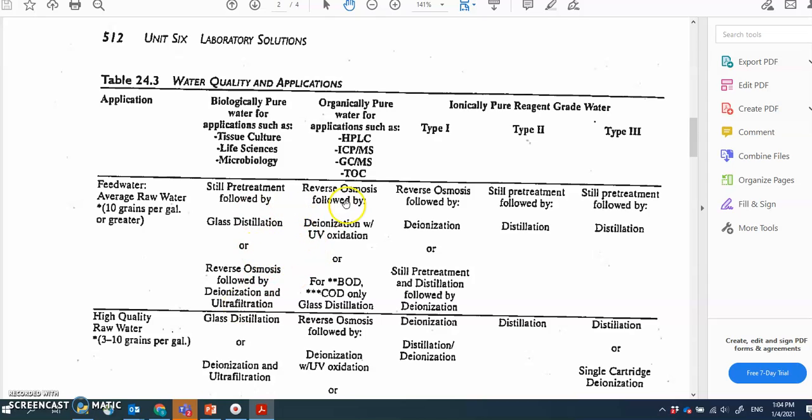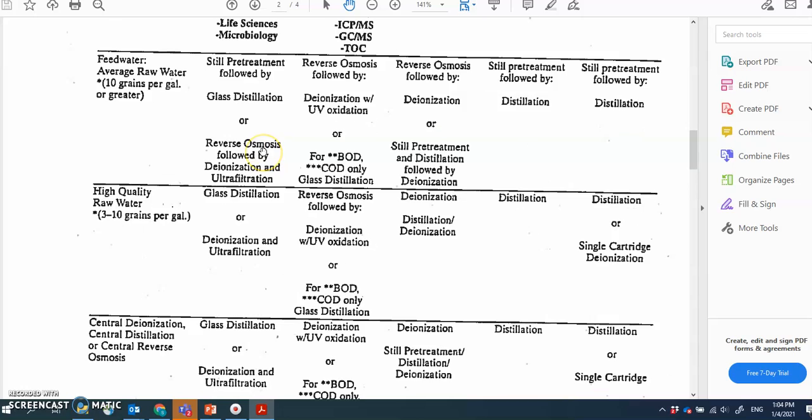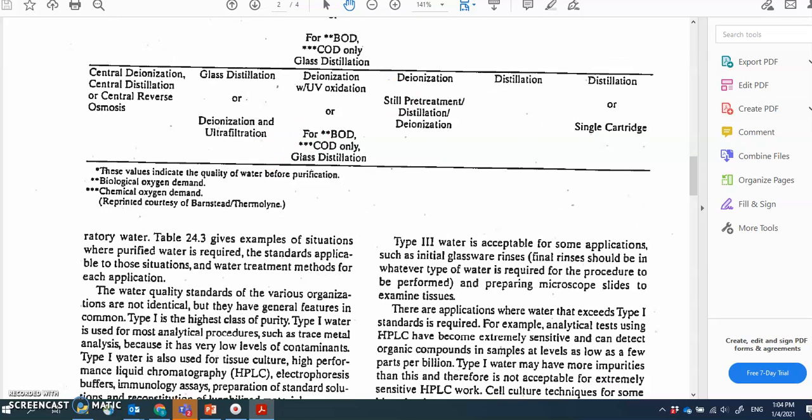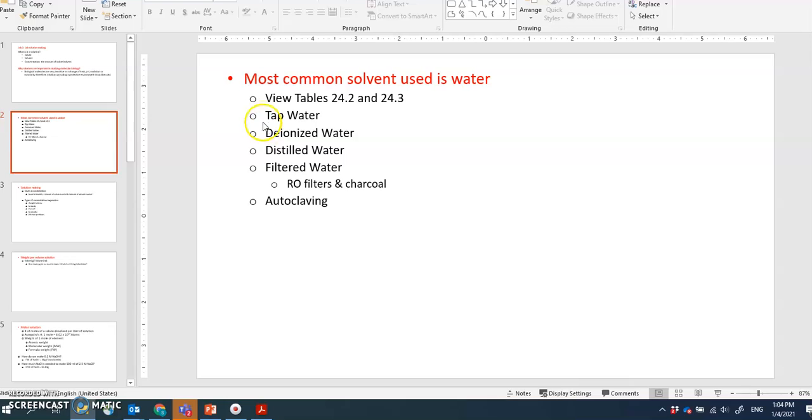All these purification methods will give you the pure water that you need for your experiment. What it means is tap water is not going to be the water you use in the lab. Tap water should be purified through these methods, maybe deionization or distillation or filtration like reverse osmosis or charcoal filter. You can generate the water quality that you need.